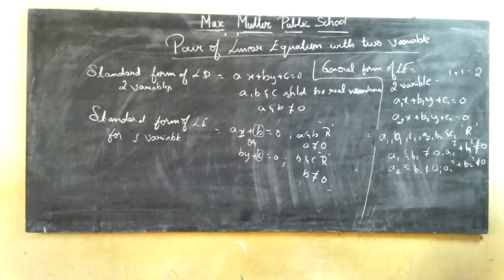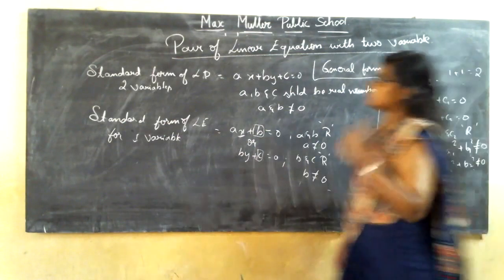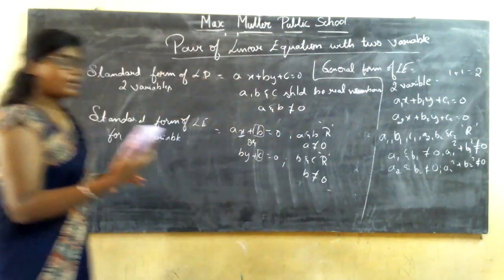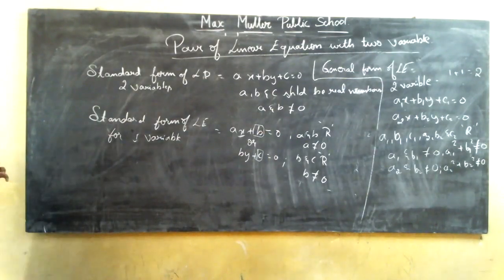So these are the three important points we had learned in yesterday's class. That is the standard form of a linear equation in two variables and the standard form of a linear equation in one variable, and the general form of a linear pair of equations with two variables. Clear? Then we have also studied the possibilities of this linear pair of equations.